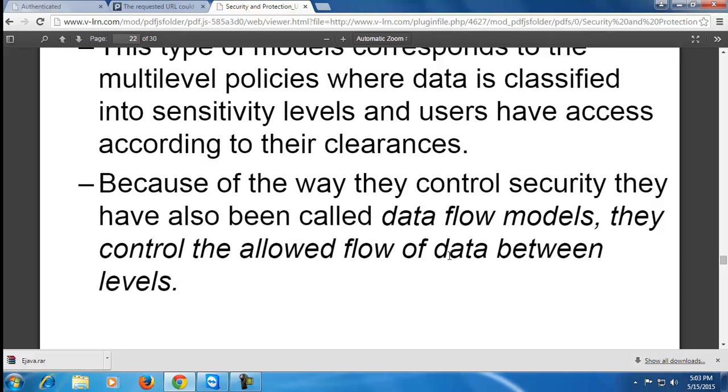They control the allowed flow of data between a number of levels, between a number of users from beginning to end: how many users access the files, and how many role-based controls there are for providing comfortable access inside the file system and applying security on that particular file for accessing the content.